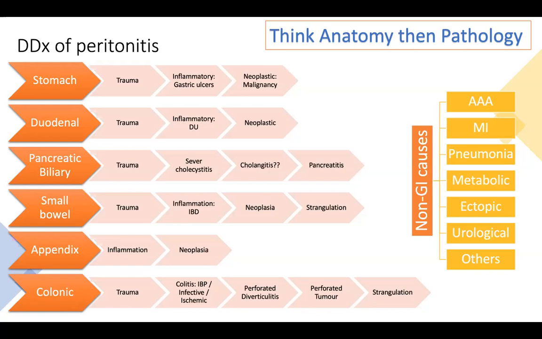You need to start with the most likely, and you need really to highlight the things that you need to exclude. And you will see with the examples we've discussed, there are very important things we need to exclude in these cases.